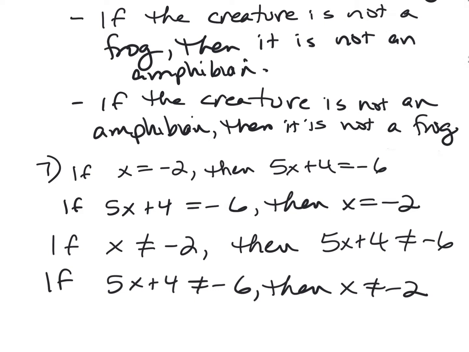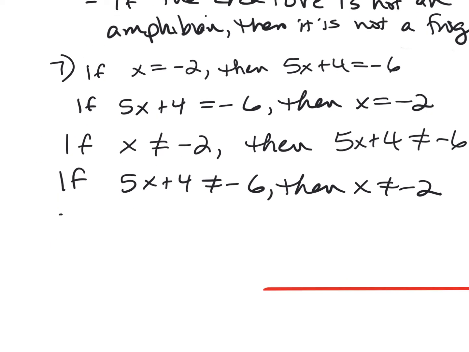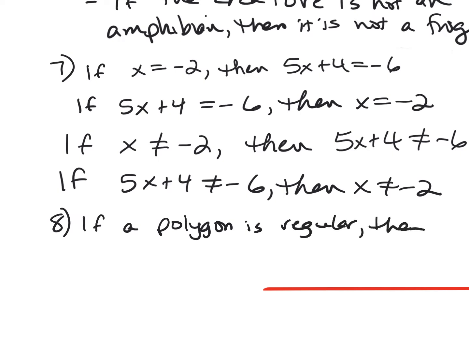And then the last one of writing the 4 sentences says a regular polygon is equilateral. So if a polygon is regular, need to make this sound grammatically correct, then it is equilateral.